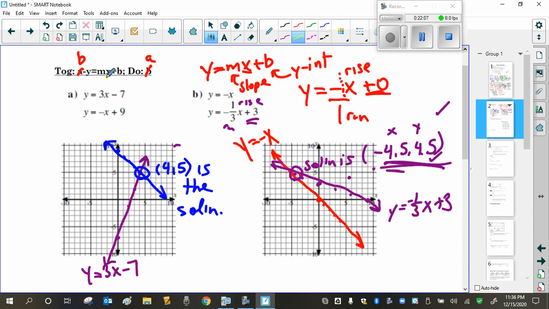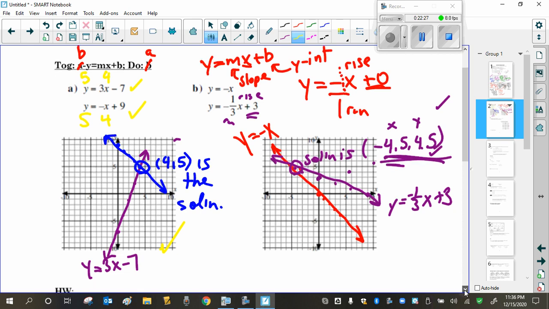I am checking to see if 4 and 5 work. And this is 12 subtract 7 equals 5, yep. And this is -4 plus 9 equals 5. Okay, so it works. Don't have to be told to check it. If you can just do it quickly in your head, you'll feel a lot better about what you did.